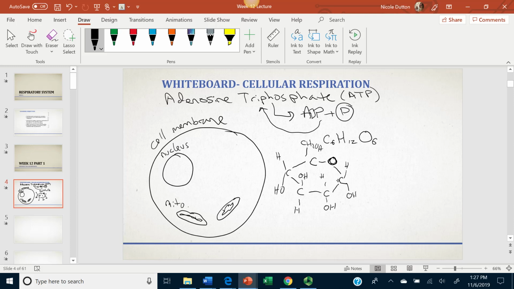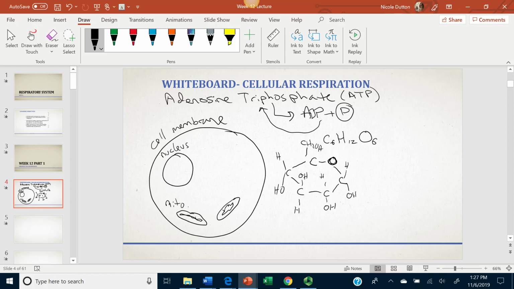So here you can see now the carbons, 1, 2, 3, 4, 5, 6. And then you can count the oxygens, 1, 2, 3, 4, 5, 6. And the hydrogens, you can count there's 12 hydrogens. So that's the molecular structure of glucose.